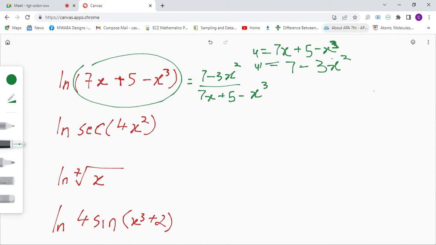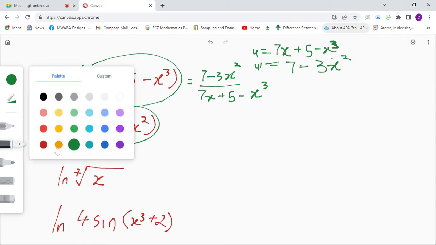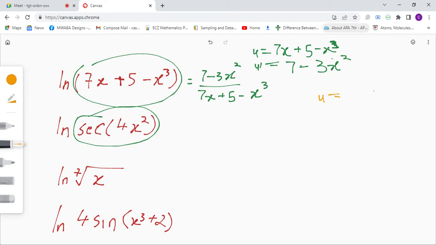We derive the natural log of secant 4x squared. All right. So our u is secant 4x squared. U prime, right?